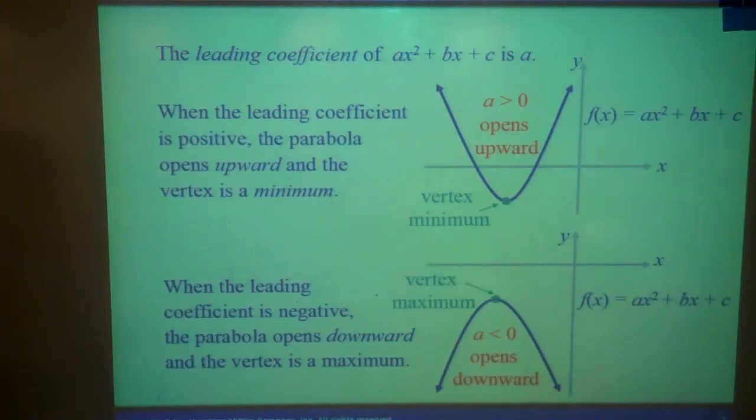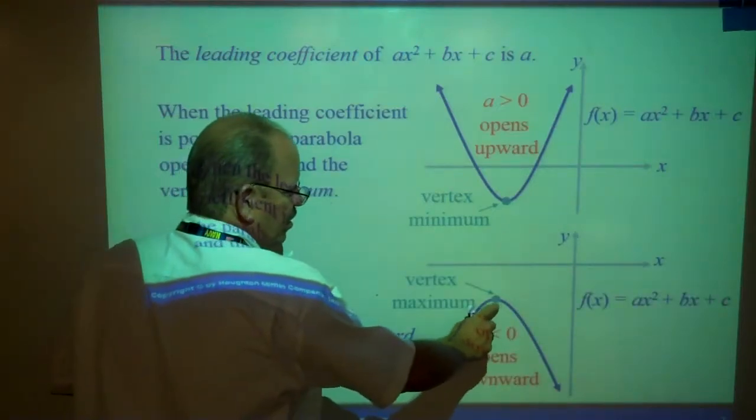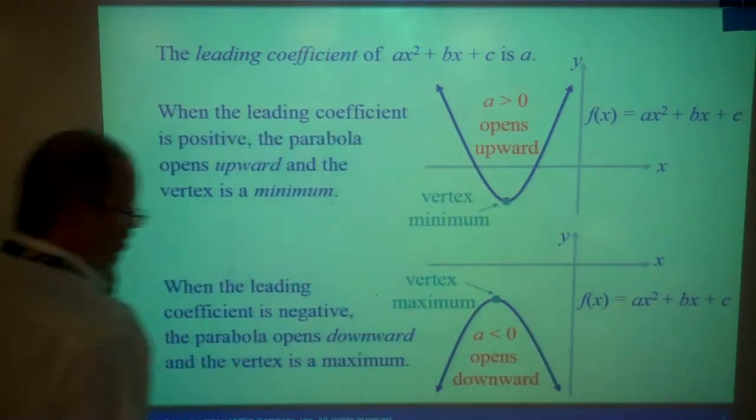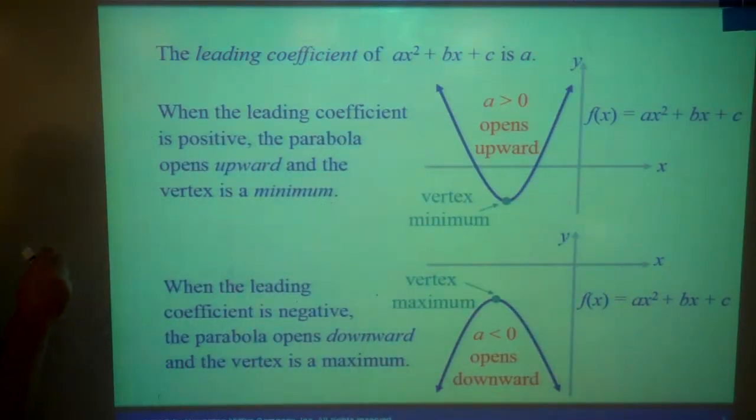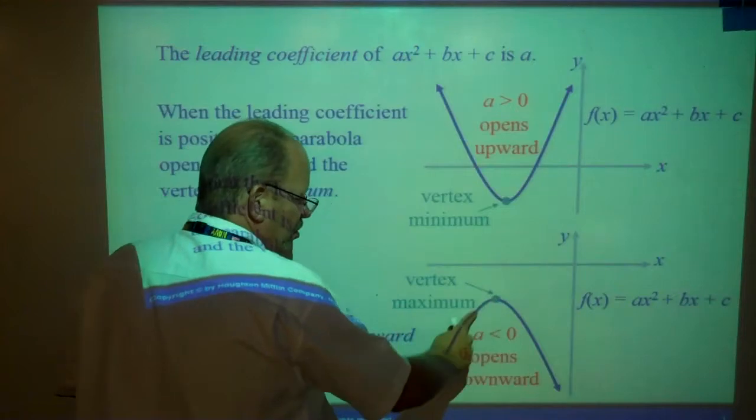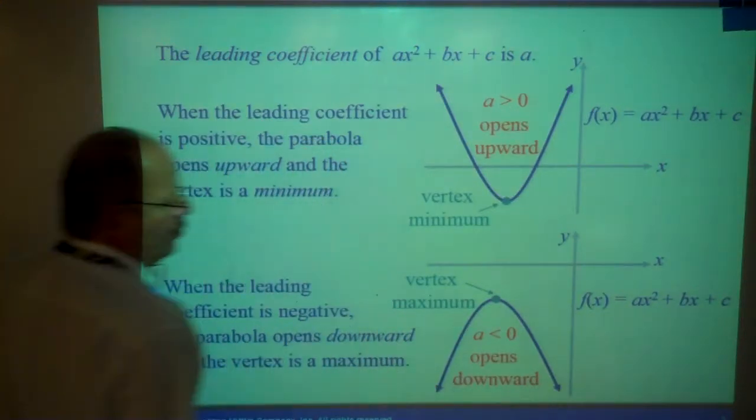And when a is a negative number, then the vertex is a maximum from which the parabola will open downward.